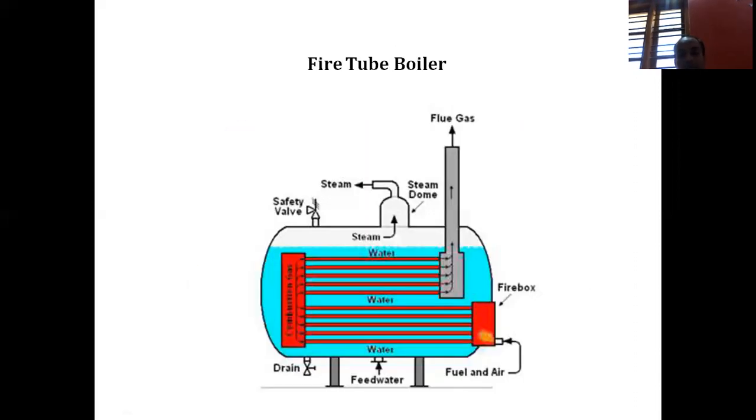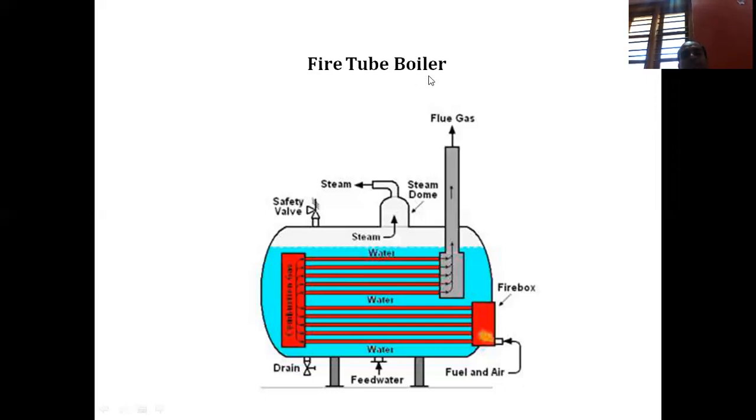Now, the first one is the classification by the flow of hot gases as well as water within the tubes. Here you can see the name, that is, a fire tube boiler.